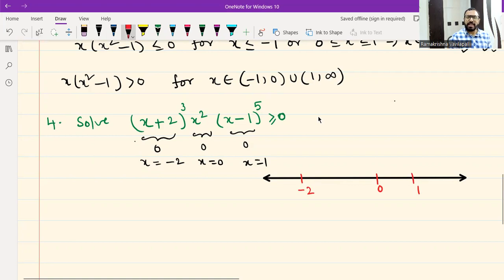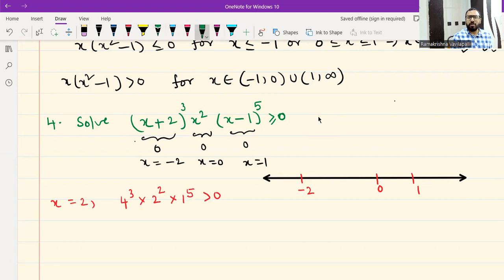You substitute any number more than 1, so x equal to 2. You get 2 plus 2, 4 cube. You need not evaluate the actual value, we just see whether it is positive or negative. So 2 square into 1 to the power of 5. This is positive, so you keep the positive sign for more than 1.